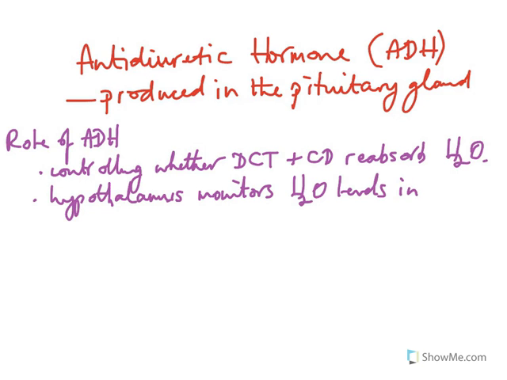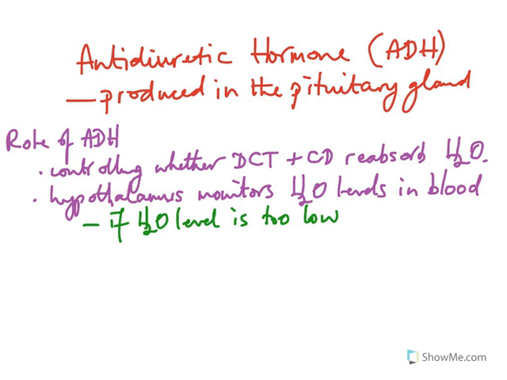If it finds that the water levels in the blood are too low, in other words the blood is too concentrated, with too little water in the blood, so it's monitoring water levels as opposed to salt levels, which is important, then that causes the hypothalamus to signal the pituitary to produce ADH.